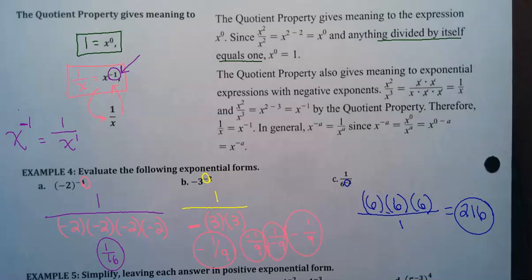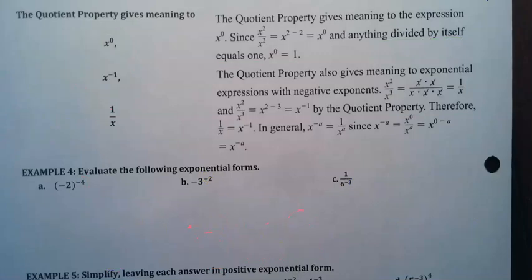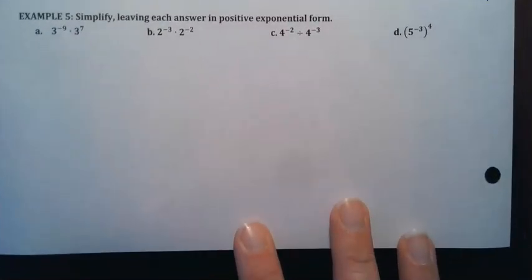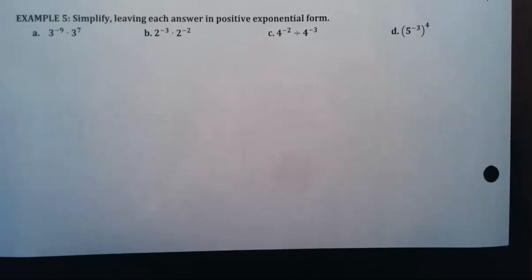All right, example 5, we get to leave them in exponential form. We're going to simplify, not evaluate, and leave each in positive exponential form. Again, ask yourself the question, what operation is happening? Multiplication. So what do we do?